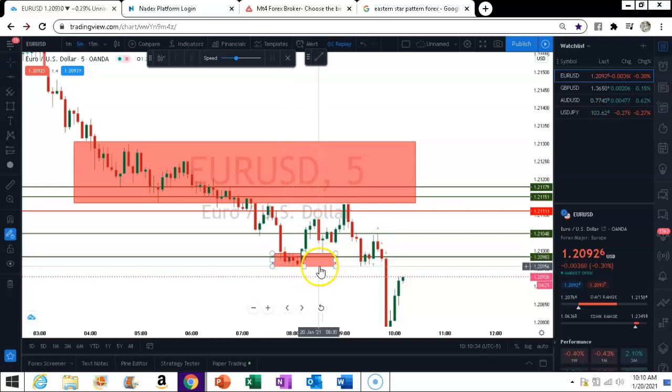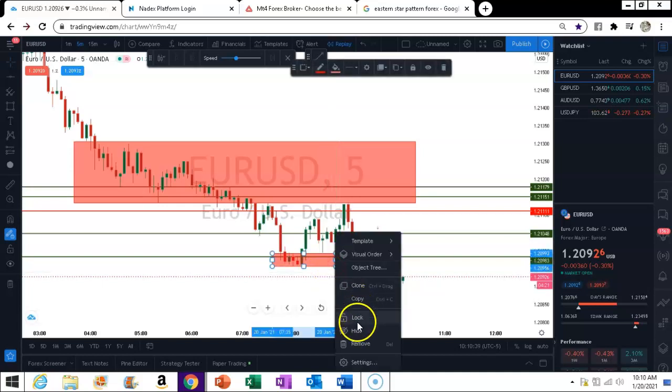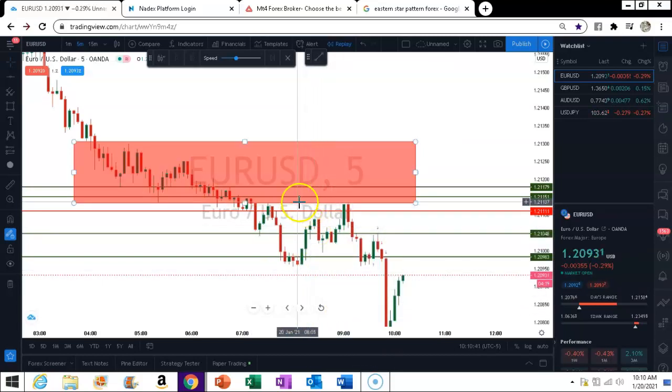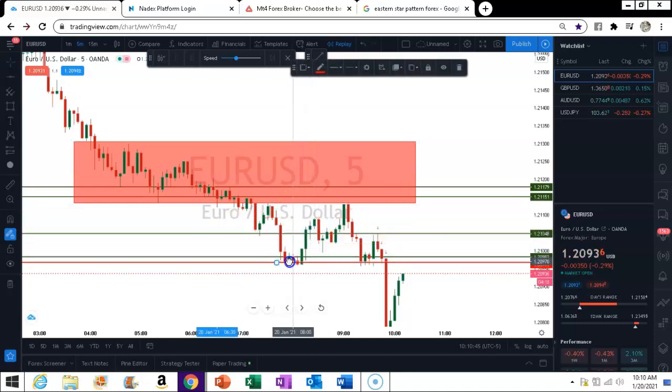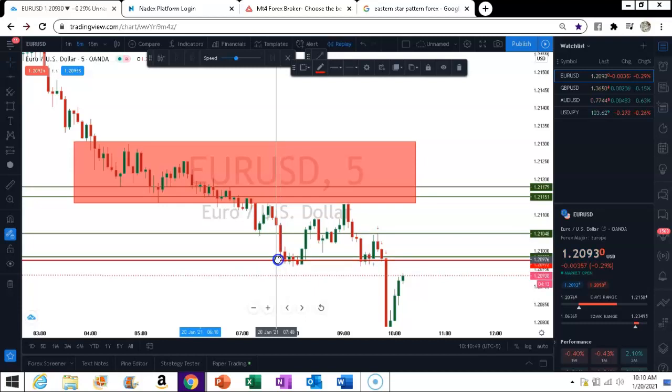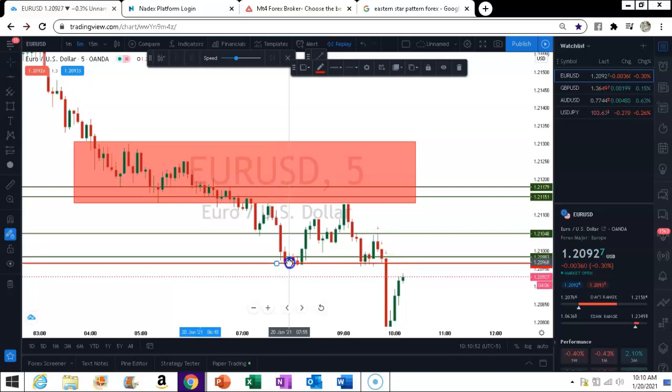Okay, and then my stop loss is going to be, let me show you. My entry point, I'll use this line, is going to be somewhere up in here. I would put on a buy limit maybe halfway of the green candle. This green candle right here.